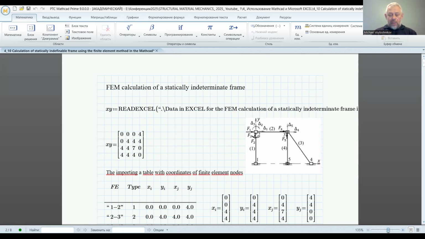Corresponding to this vector of displacements, we consider the vector of the external forces. We have only one assigned horizontal force applied to point 2.